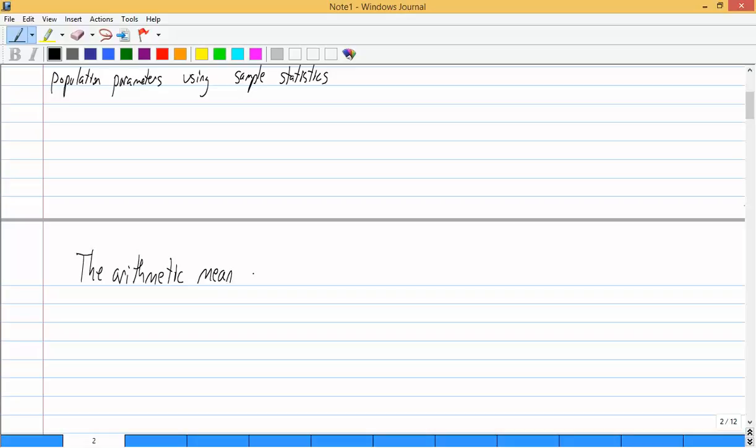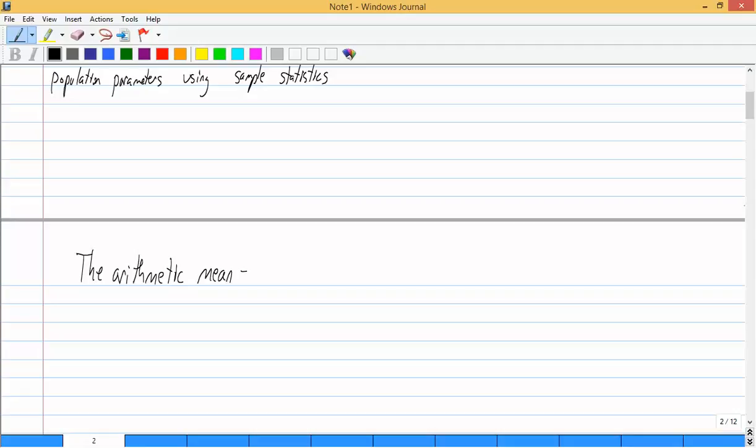You probably won't see it referred to as average, but if you're finding maybe your test average or something like that, then what you're actually calculating is an arithmetic mean.